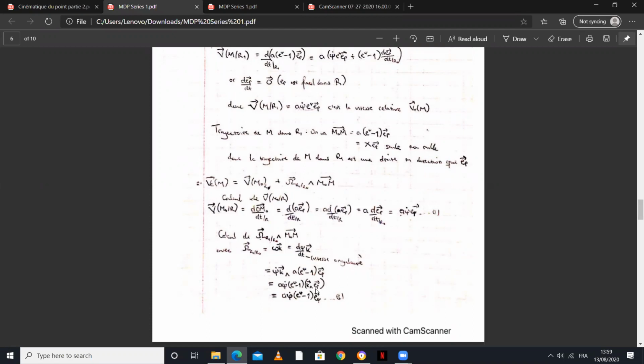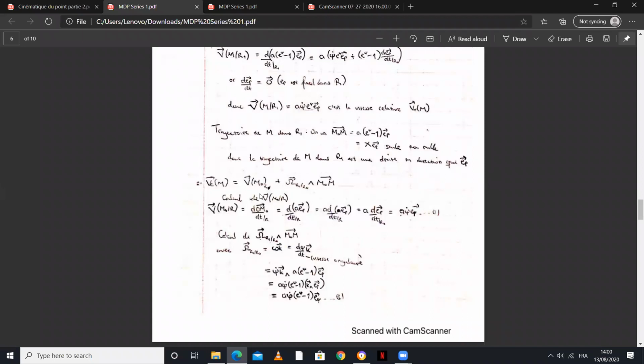So it's just going to be K vectoriel E rho, and K vectoriel E rho from that small figure I gave you is going to give you E phi. So it's just going to be A phi point E phi moins A E phi, like that, and that becomes your rotation there. It's going to be this one.